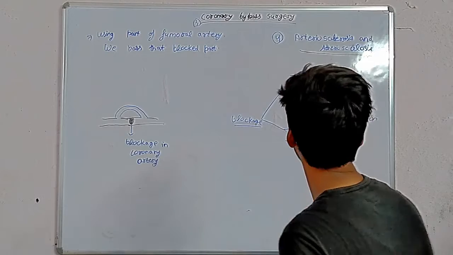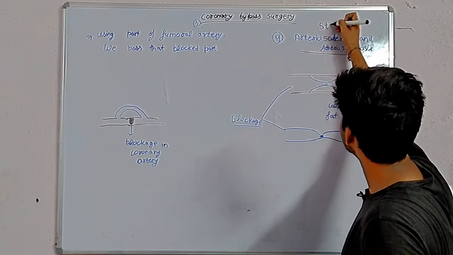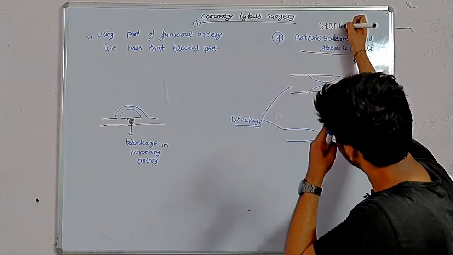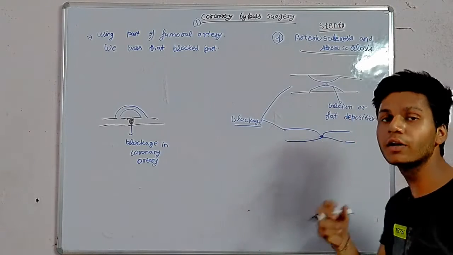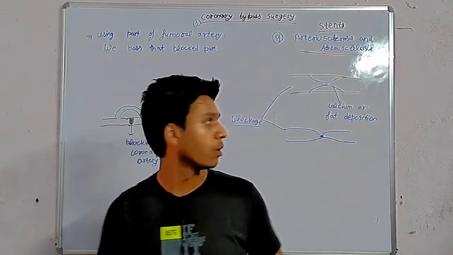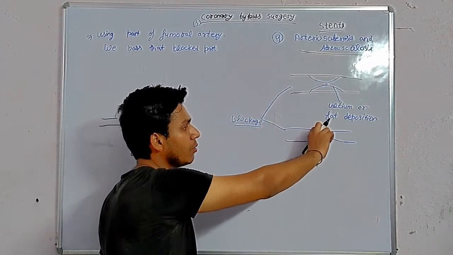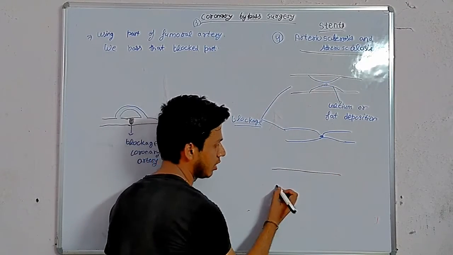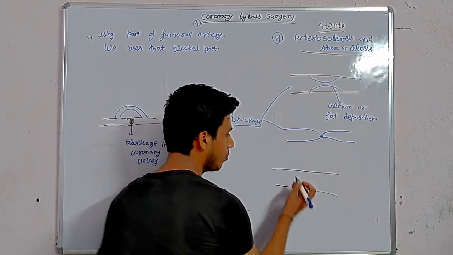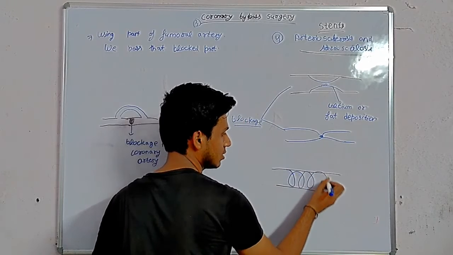Here we use stents. What are stents? Stents are iron rings which can be put here to prevent any deposition or blockage due to pressure. We put some iron rings in the artery like this.